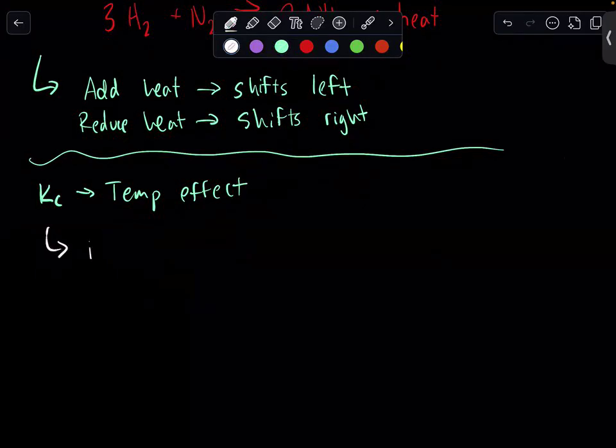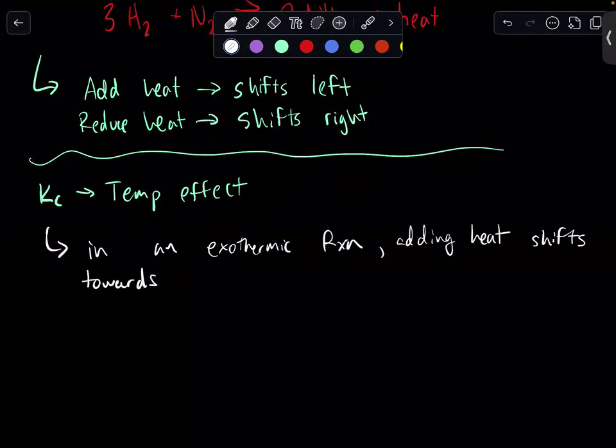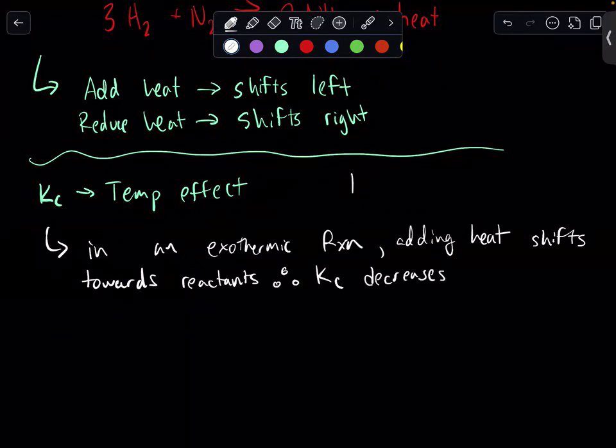So we just saw that in an exothermic reaction, adding heat shifts towards reactants. So if our reactants are increasing, therefore Kc decreases. Because remember, Kc is effectively the concentration of products over the concentration of reactants.